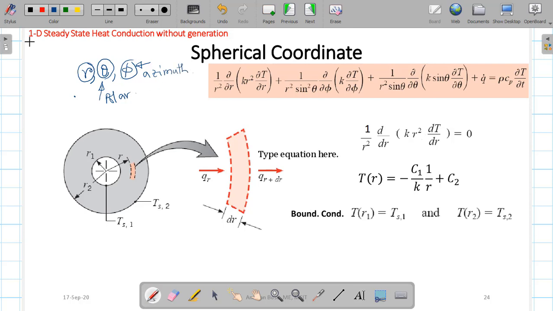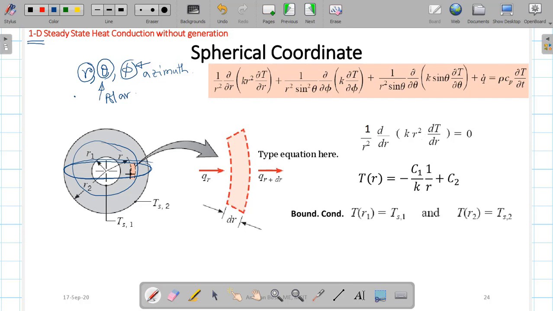Now, if we consider one dimensional heat conduction in the radial direction, we are assuming that along the theta direction there is no variation of temperature, and also in the azimuth direction there is no variation of temperature.